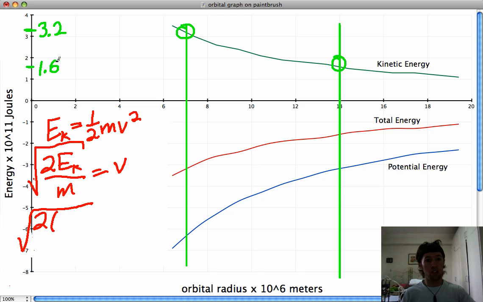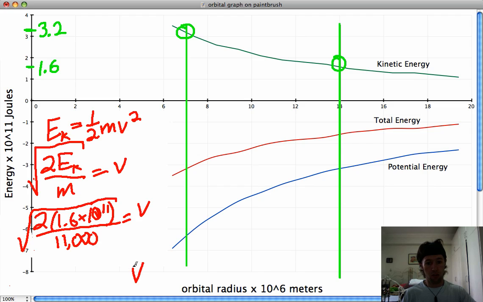Our kinetic energy is the new, smaller one, 1.6 times 10 to the 11th joules. And we divide by the hefty mass of the Hubble, which is 11,000 kilograms. And then I'll calculate that in my head.